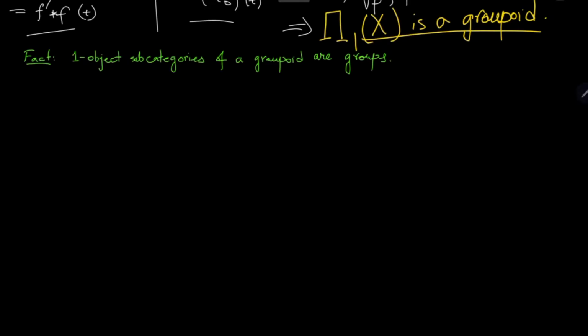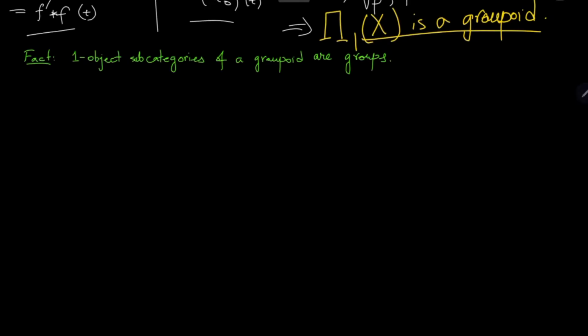So yeah, a subcategory of a groupoid is also a groupoid, and since one object subcategories of a groupoid would be a groupoid with one object, there is this joke that was mentioned in Aluffi one time, if I'm not mistaken.